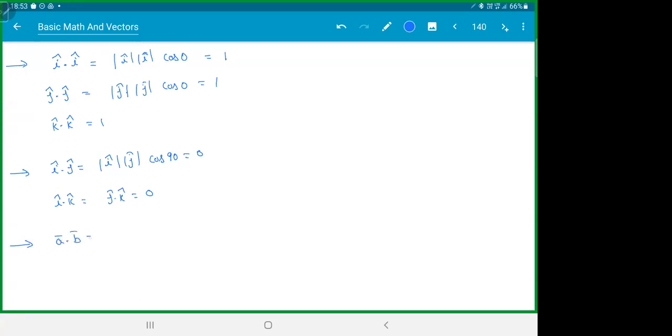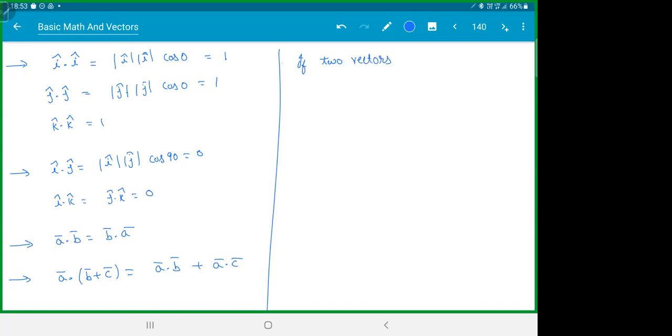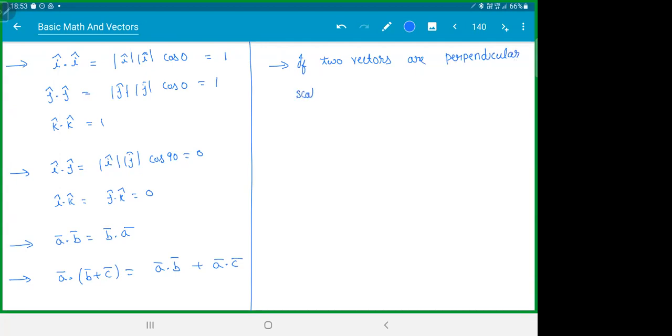A dot B can also be written as B bar dot A bar. A dot (B plus C), you can expand this into A dot B plus A dot C. These are all the properties actually. If two vectors are perpendicular, the scalar dot product is 0.